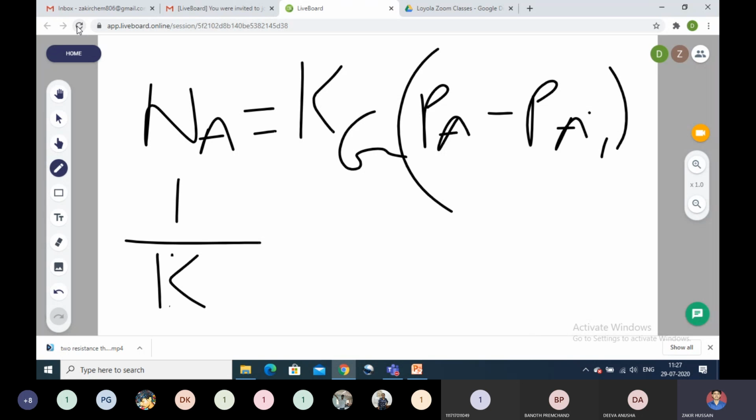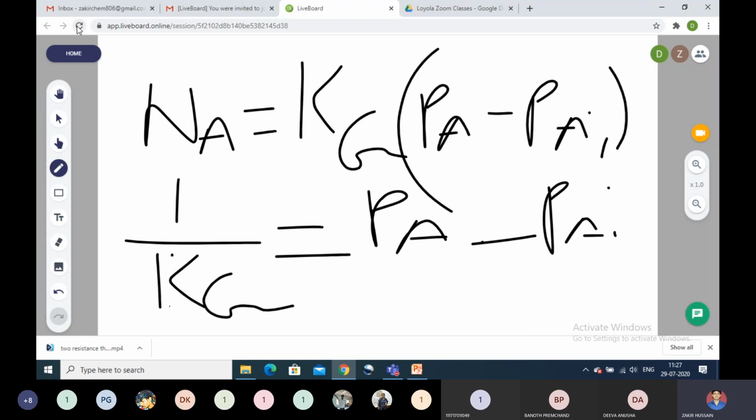Now we can send kg to the LHS side. This is 1 by kg is equal to Pa minus PAI by Na. So this is equation number 4 we can write.